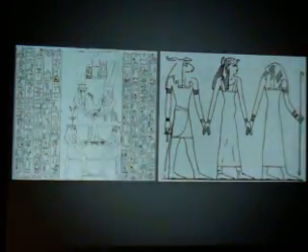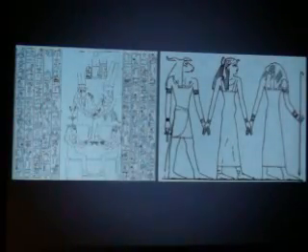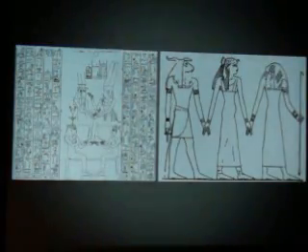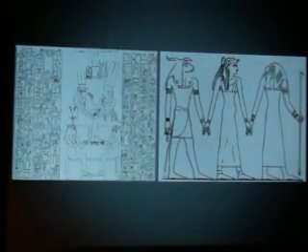So in these two rooms, he depicted his own divine birth, claiming that his mother was the consort of Amun-Re, the earthly wife of Amun-Re, and that she gave birth to him because she is the divine wife of Amun-Re.